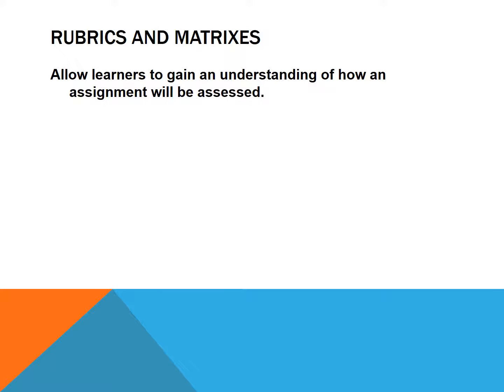So you'll note that many of the key assignments in this course, including discussions and many of the larger assignments, will have a rubric attached so that you can take a look, review the rubric, see how it's going to be graded before you submit the assignment. This gives you an upfront view of how things are going to be assessed, and it also sets some expectation that this is what the instructor believes is important about this assignment.